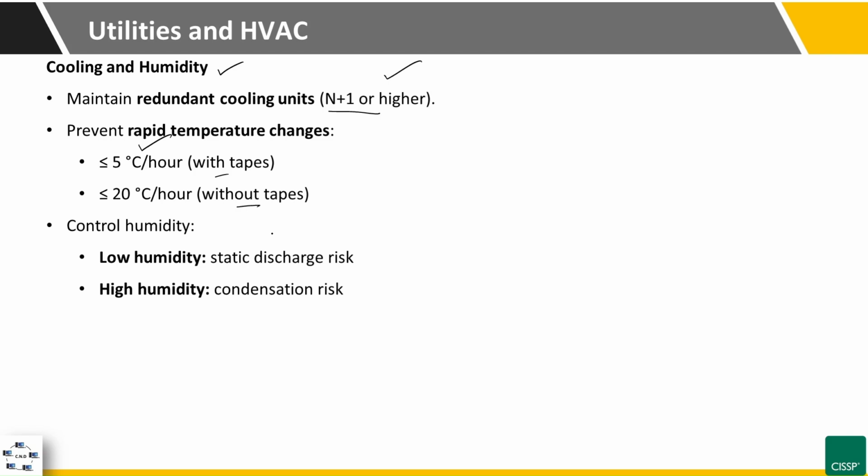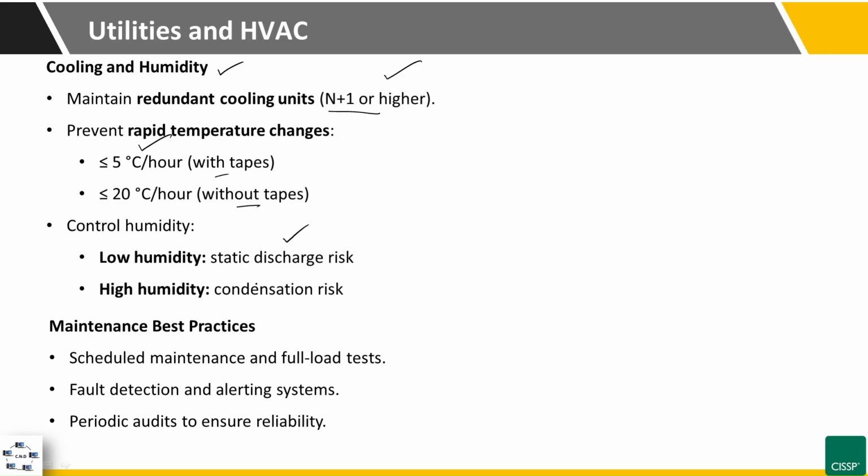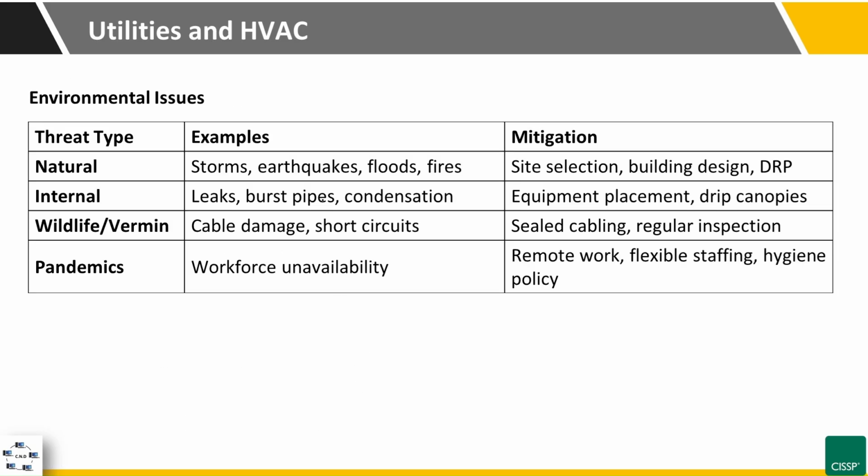Control humidity. Low humidity produces static discharge risk, and high humidity has the condensation risk. Maintenance best practices include scheduled maintenance and full load tests, fault detection and alerting system, and periodic audits to ensure reliability.